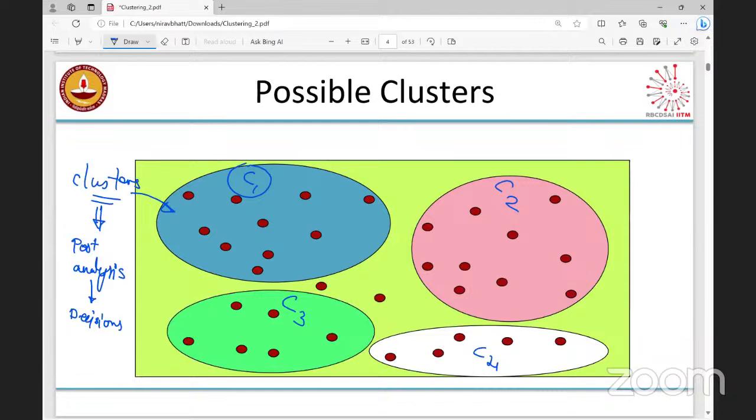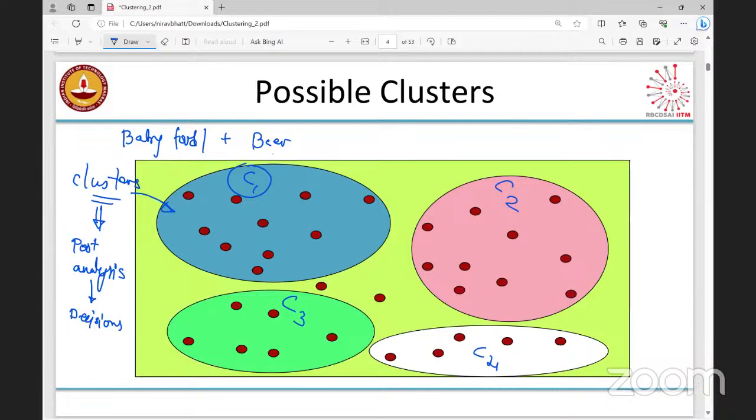There is a famous example in the Western world where, by doing something similar to cluster analysis, they found out that baby food or baby related items plus beer is one of the highly clustered combinations.